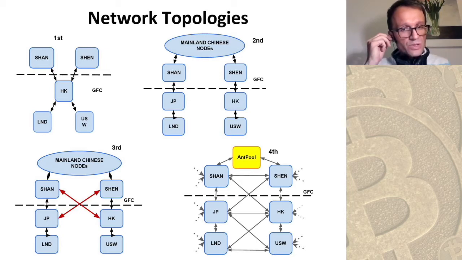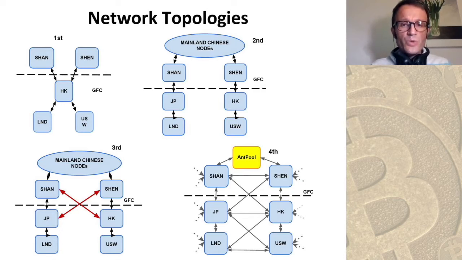Anyway, I'm going to explain the reason why we moved from the initial topology to the one that you can see in the bottom right corner in the next slides.